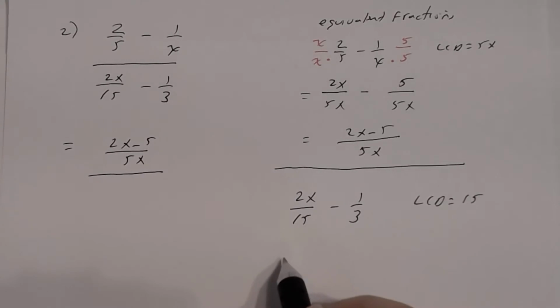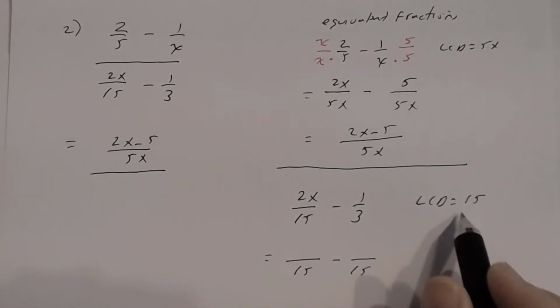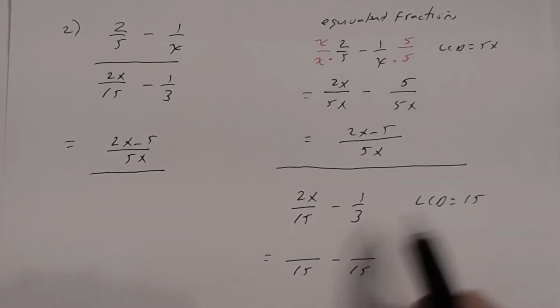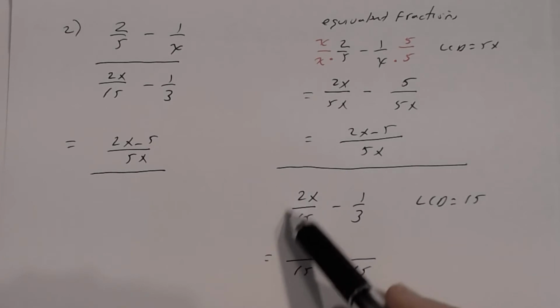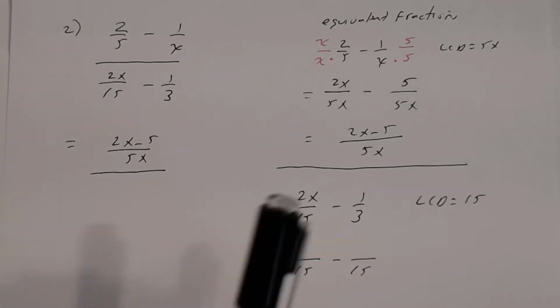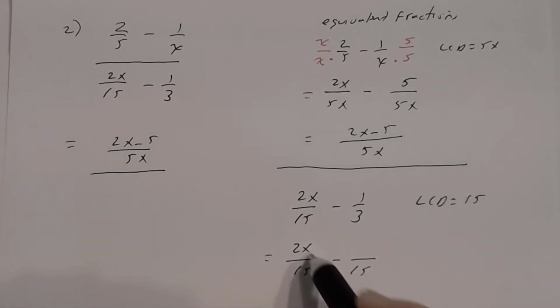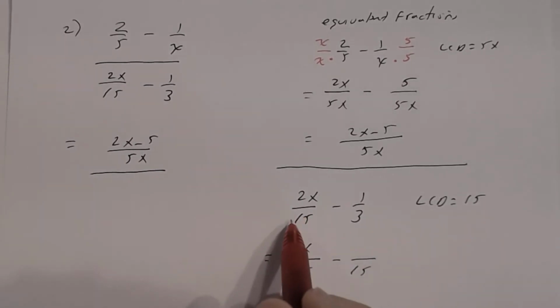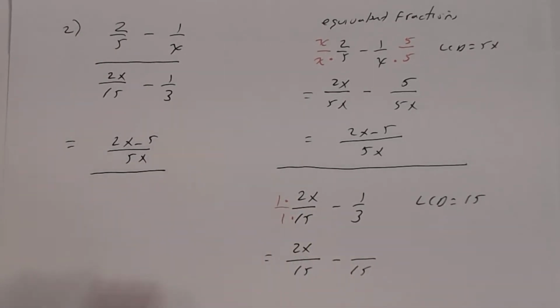Okay, so 15. So now I'm going to write two rational expressions with 15 as my denominator. Notice there's a 15 here. I already have the 15. So remember, every fraction is equivalent to itself. So if the denominators are the same, then the numerators have to be the same. And that kind of makes sense because I'm saying 15 times 1 is 15, and then 2x times 1 is still 2x.